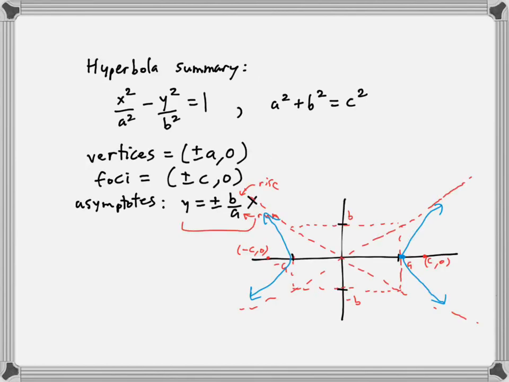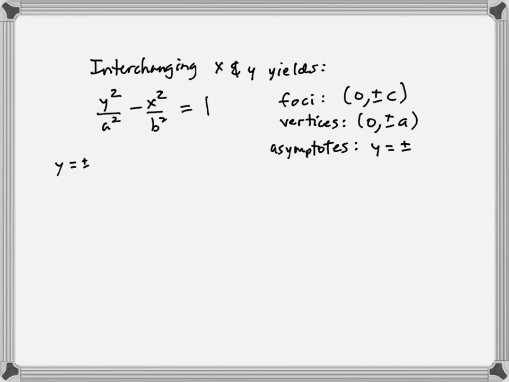So if you interchange it, it becomes x equals plus or minus b over a y, but then if you solve for y, the a over b gets flipped to the other side and you get the reciprocal, so you end up with y equals plus or minus a over b x. Same thing, by the way, as if you were to just flip the x and the y. So you really are just interchanging x and y here. That's all you're doing.